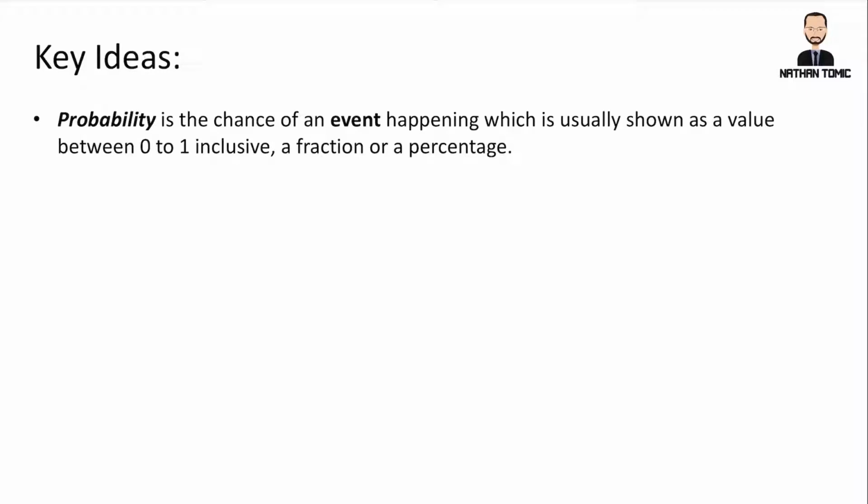Now, probability, as we know, is the chance of an event happening, and we usually show that as a value between 0 and 1. We can also show it as a fraction or as a percentage. So if we have our number line, if you like, our chance line, where impossible things that cannot happen are on the far left, we have an even chance, and then we have certain.